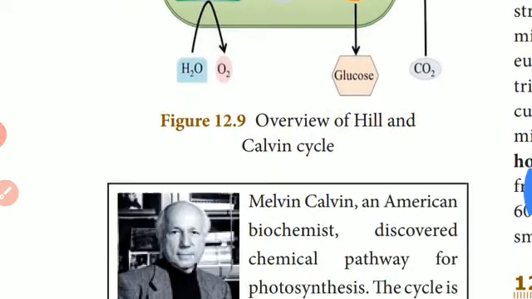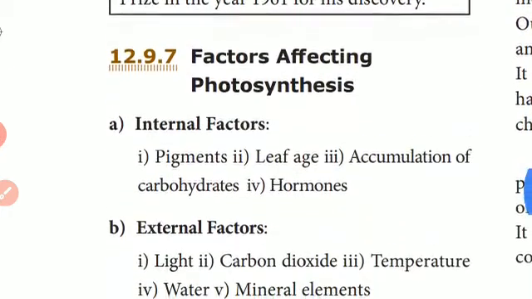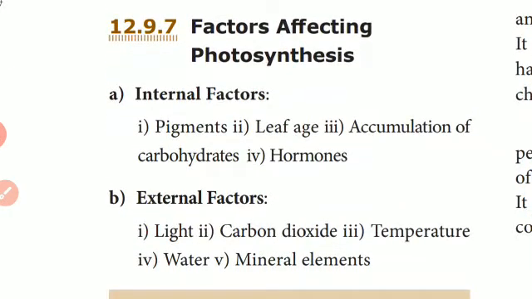Now, what are the factors affecting photosynthesis? There are two affecting factors: one is internal factors, another one is external factors. Internal factors are those present inside the plant that affect it. If the minimum amount of pigments is not there, photosynthesis will be affected, because photosynthesis is carried out by the pigments.